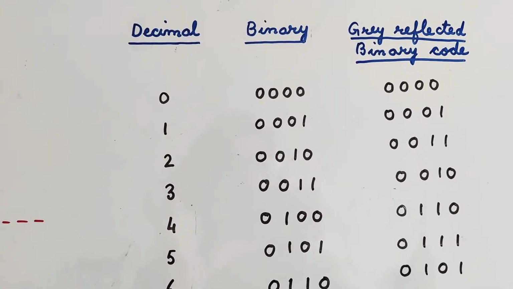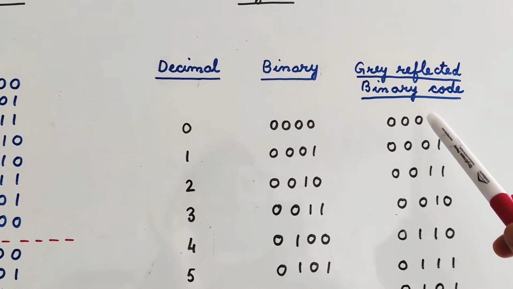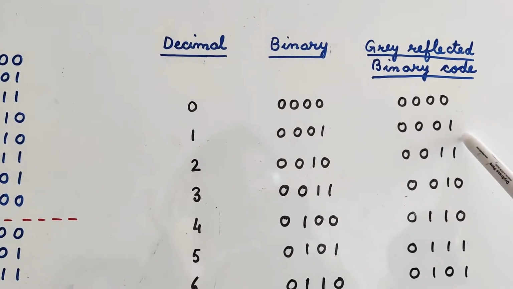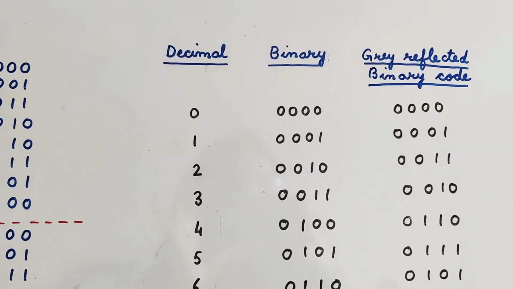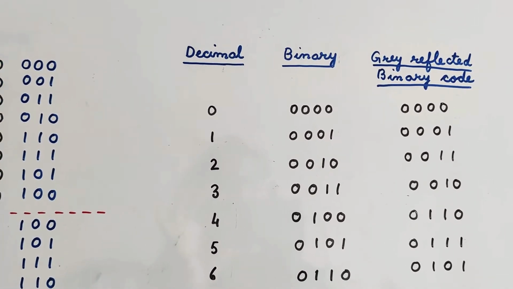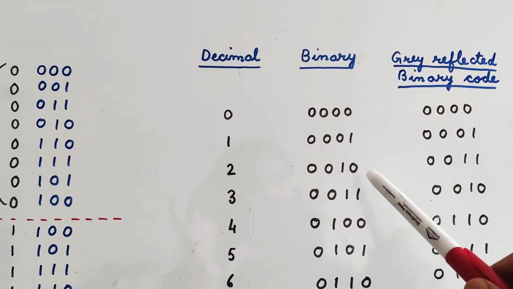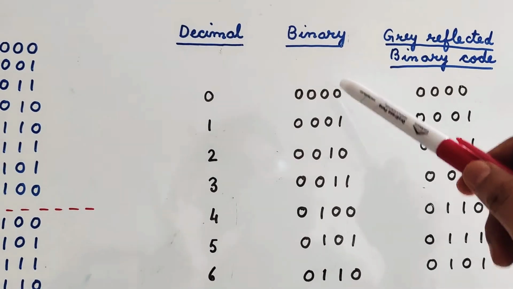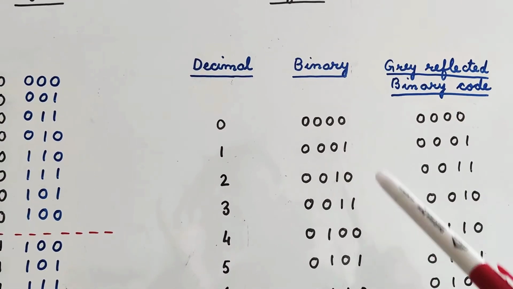Now, the most important advantage of the gray reflected binary code is that whenever we write a number in the gray reflected binary code, then the successive numbers differ from each other in only 1 digit, whereas if we write the numbers in the binary number representation, then the successive numbers may differ either in 1 bit or 2 bits or 3 bits.